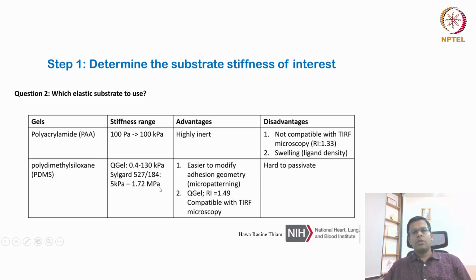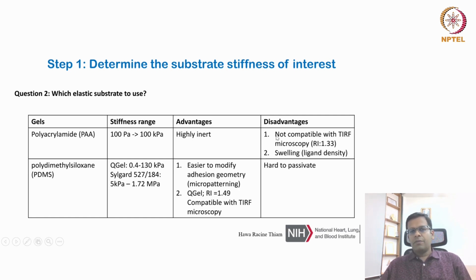Now the advantage of polyacrylamide is that it is highly inert, so it is not going to interact with any of the chemicals or the media or your cell surface. With PDMS, it is easier to modify adhesion geometry, and the refractive index is quite matching with TIRF microscopy.